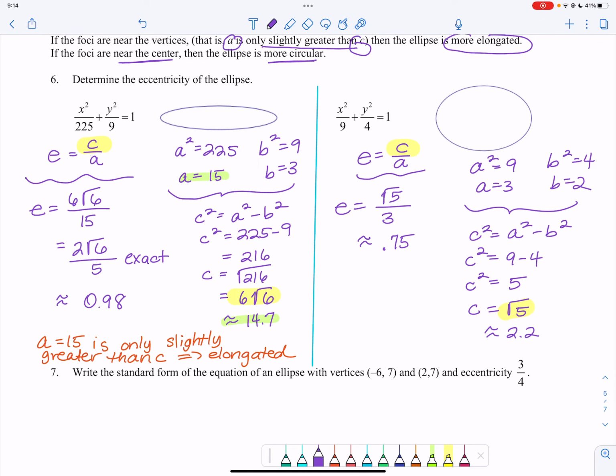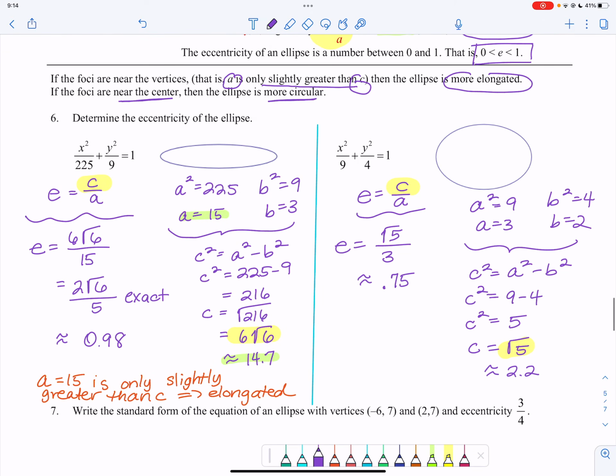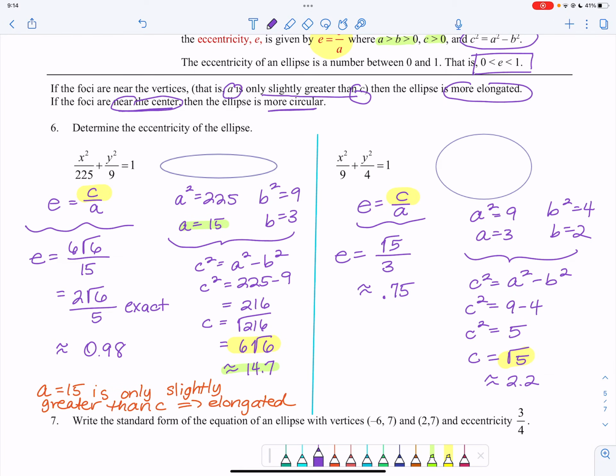And as you can see here, if the foci are near the center, and that is going to be the case here, the foci are a little closer to the center, we know that we have a more circular ellipse. And here you can see that c is equal to 2.2. And of course, these are going to be a little bit closer to the center rather than having c really, really close to the a value.